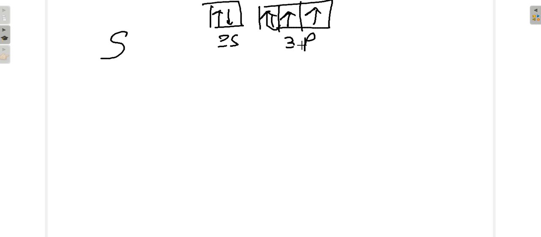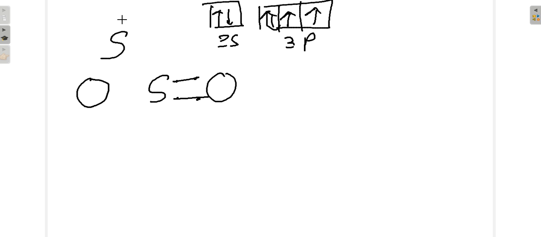So let us consider the situation S, O and O. There are 2 unpaired electrons on sulfur and 2 unpaired electrons on oxygen. They will form a bond. Now please note that no unpaired electron is remaining on the sulfur over here, so there has to be a lone pair.